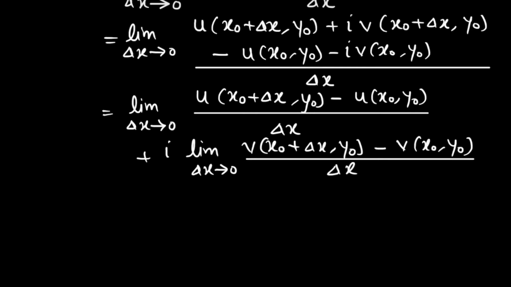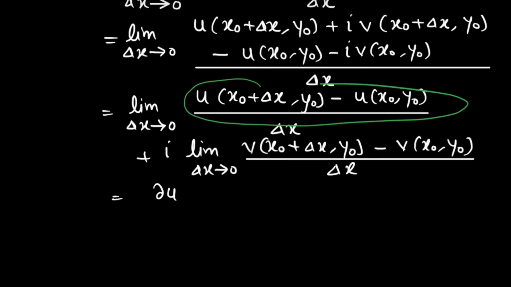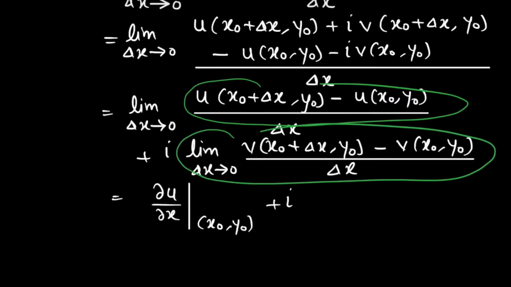Okay, and what is this? This is simply del u over del x at point x naught comma y naught, and plus iota, and this is simply del v over del x at point x naught comma y naught.